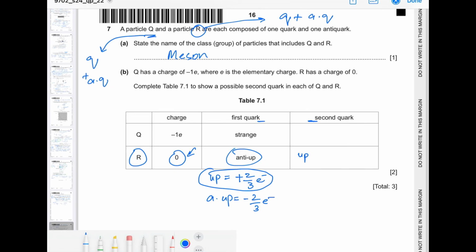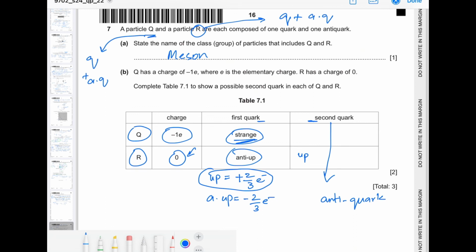Now let's look at Q, which has a charge of -1 elementary charge. The quark in this is strange. As for the second quark, which must be an antiquark since strange is a quark, it needs to add up with strange such that their sum is equal to -1.